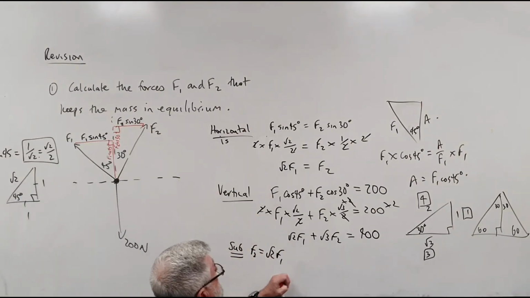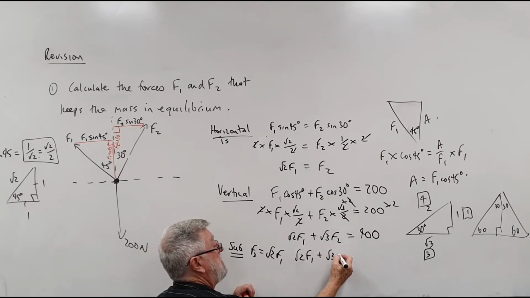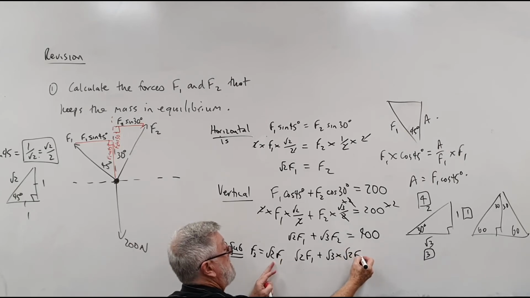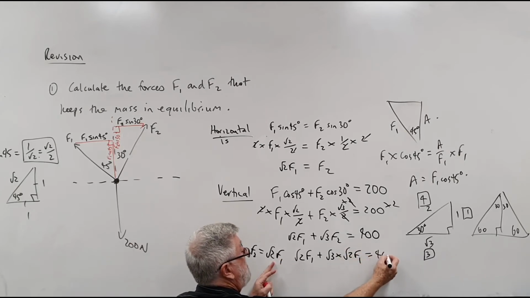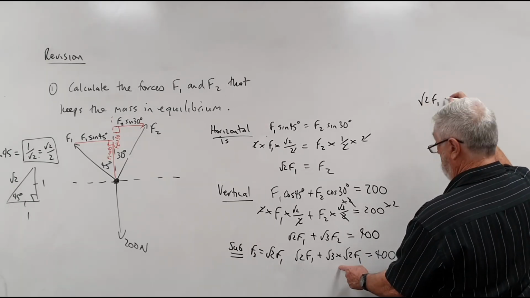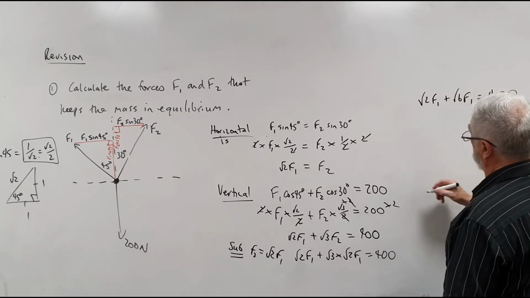So this one stays the same. But that one gets replaced by root 2 F1. Make sure I don't make any mistakes, guys, please. So far now I've got a root 2 of F1 plus a root 6 of F1. And what comes to the rescue?